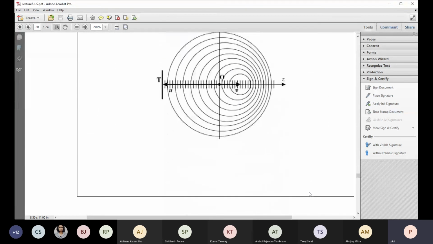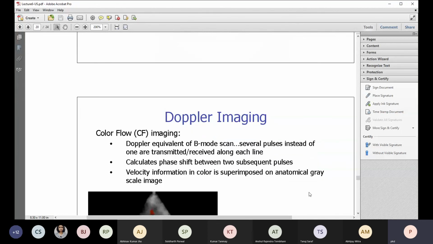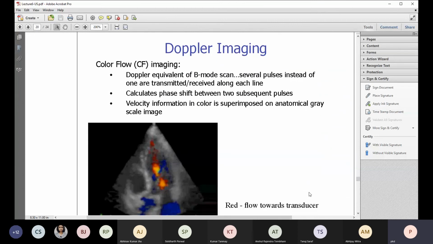Then there are color flow Dopplers, where the velocity component is registered along with the temporal scan coding, and then corresponding to a theta line, the location of that velocity component can be put.